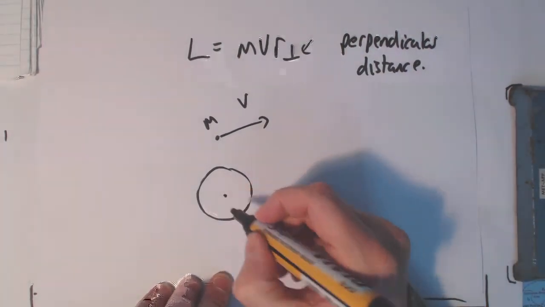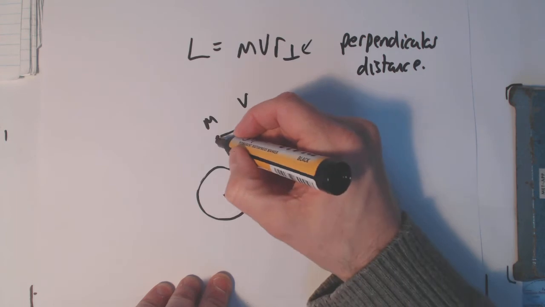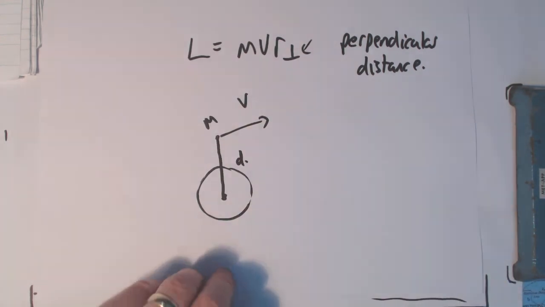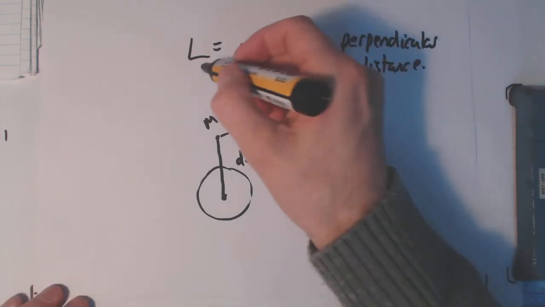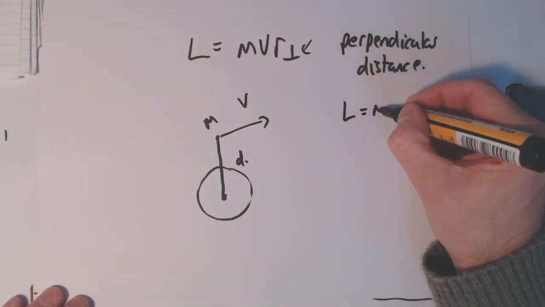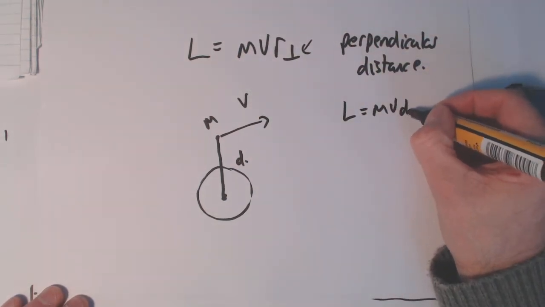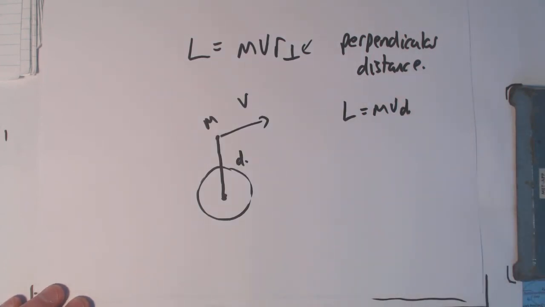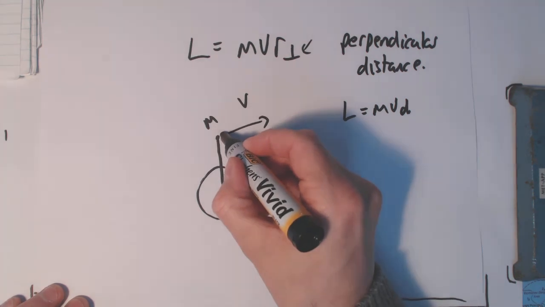But the center here, it's not perpendicular. That's the distance. And it becomes a vector equation to do this normally. L equals mv times distance doesn't really work because these actually need to be vectors, the v and the d, and they're not. So we use the perpendicular distance.